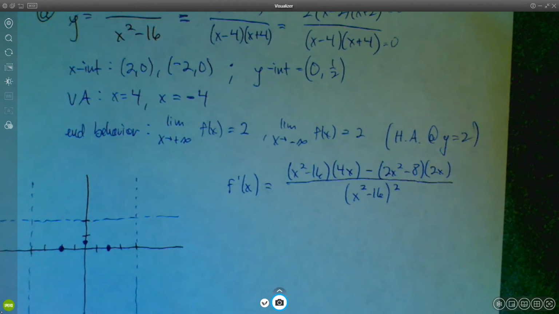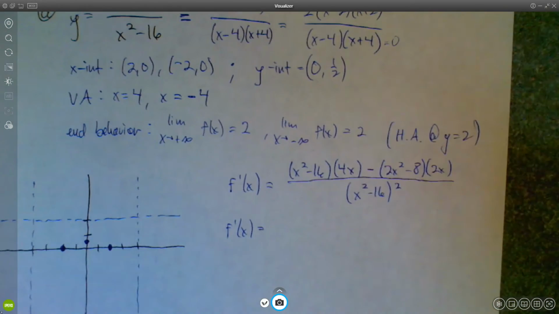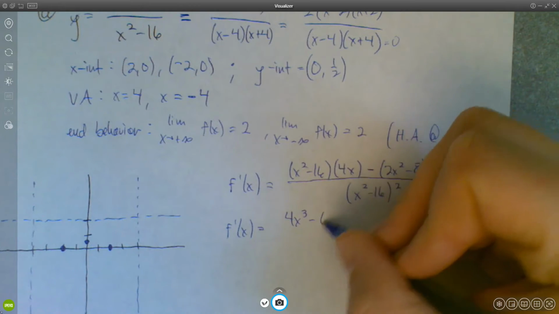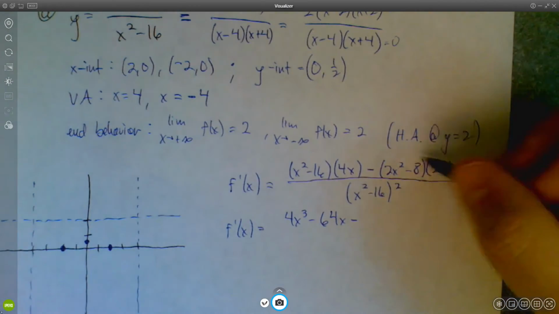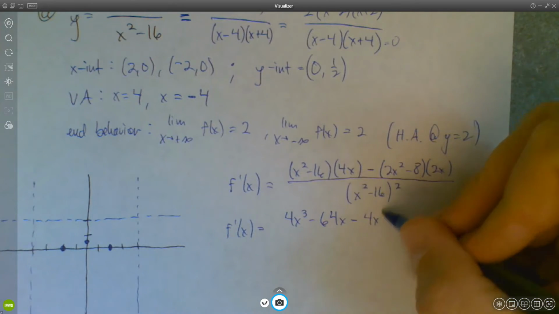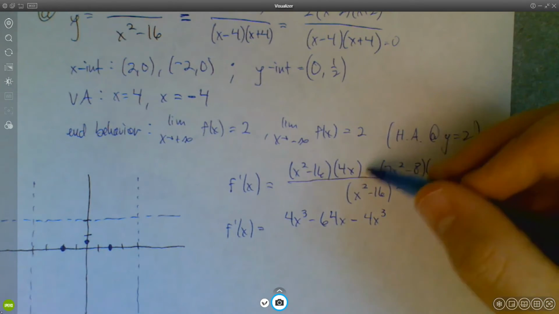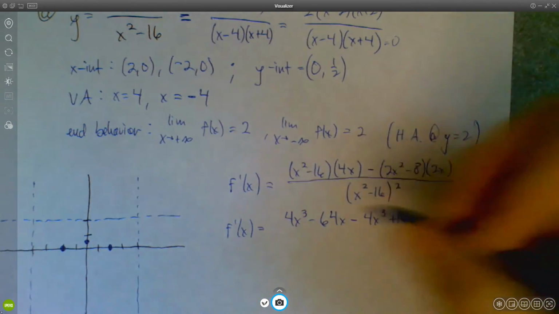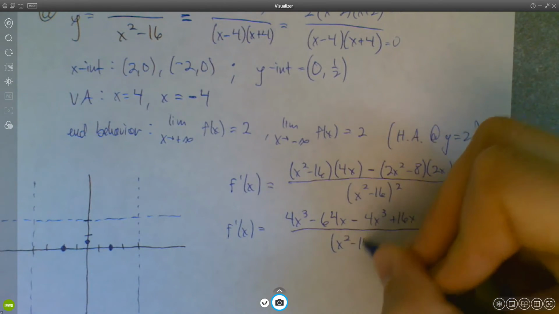Maybe we can clean this up a little bit. We're going to get 4x cubed minus 64x minus 4x cubed, oh that's nice, minus 16x, but it's minus a negative, so I'm going to say plus 16x. That cleans up very nicely.